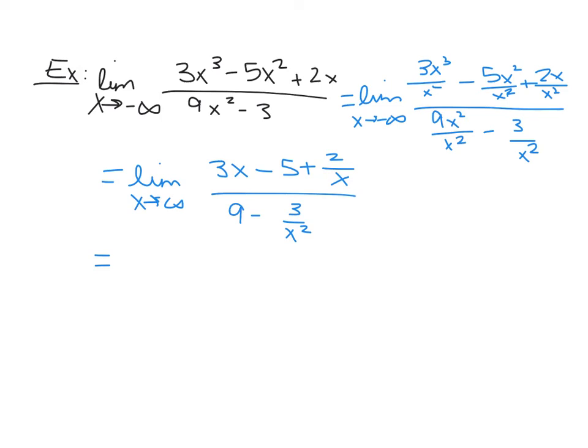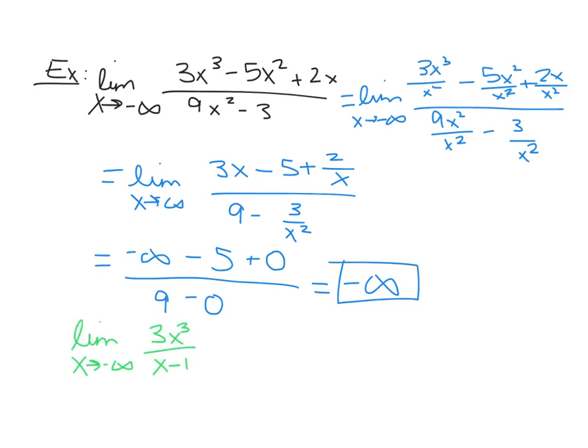For 3x, if I substituted in negative infinity, I would end up with 3 times negative infinity, which would just give me negative infinity. Then I have minus 5. 2 divided by negative infinity is going to approach 0. Then I have a 9 down there. And then 3 divided by negative infinity squared is also going to approach 0. So in the end, this would approach negative infinity.